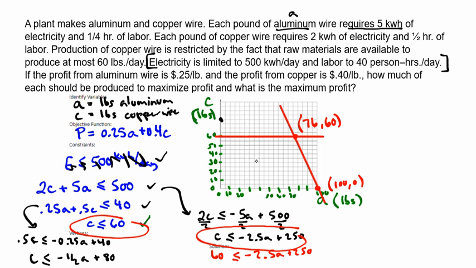I could do the same thing to find when this line will intersect this, so I could set this equal to 60 and solve. Negative 20, negative 2 is 40. So when A is 40 here. So what I also could do is I go down 1 over 2, which is the same as going down 10 over 20. I'll get to that point as well.